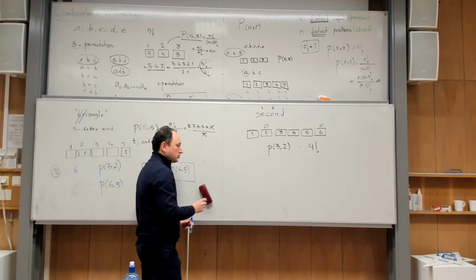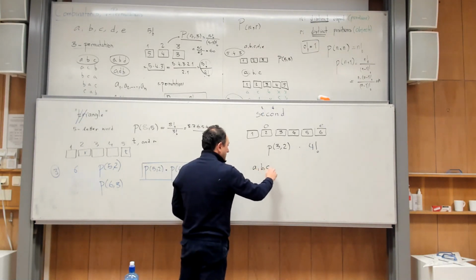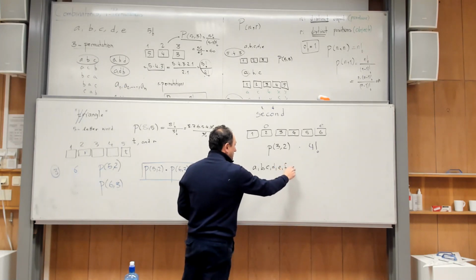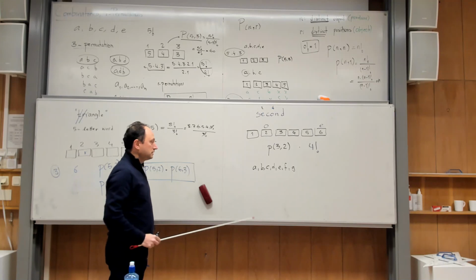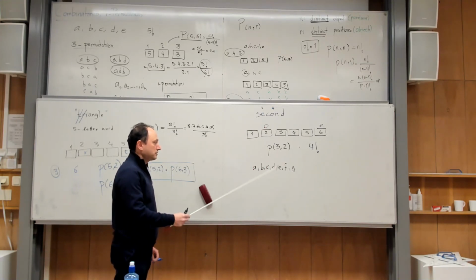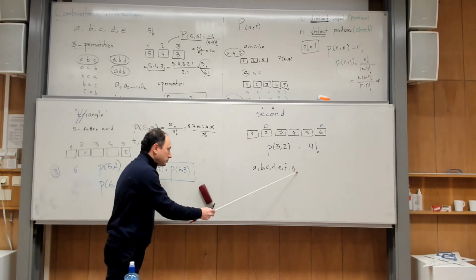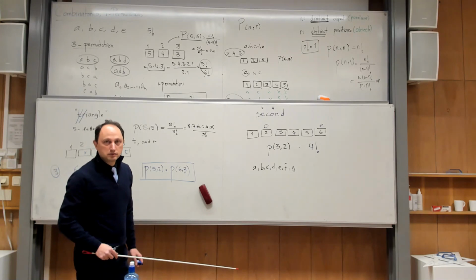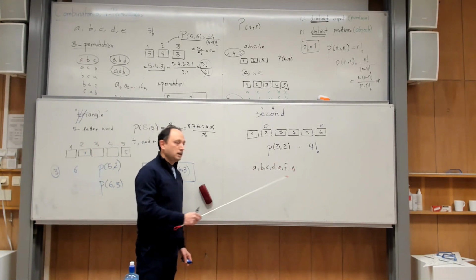So let me write it like this: A, B, C, D, E, F, and G. Assume that these are people. I am naming them: person number 1, person number 2, person number 3, etc. In how many ways can I put them in a queue line? 1, 2, 3, 4, 5, 6, 7 in a queue line.